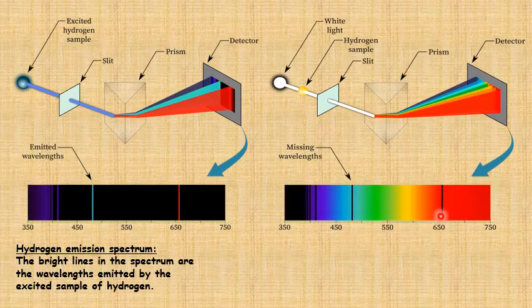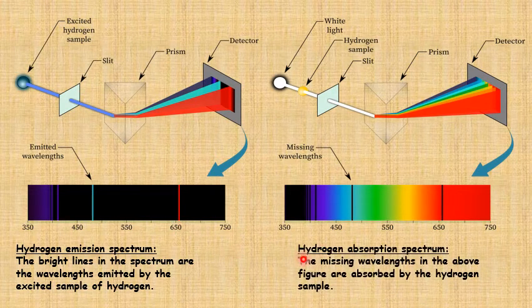So we have here black lines. Black lines mean a part of this color is completely absorbed by the hydrogen atom. That's why it becomes what? Black. But we can see the black lines are in the same positions as the colored lines.